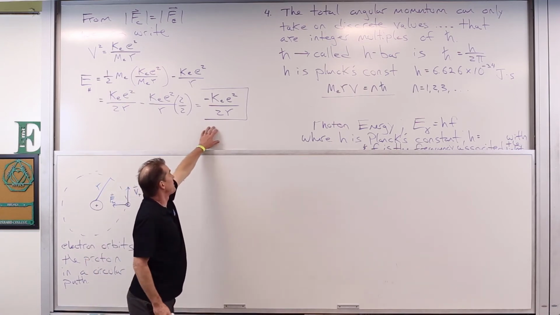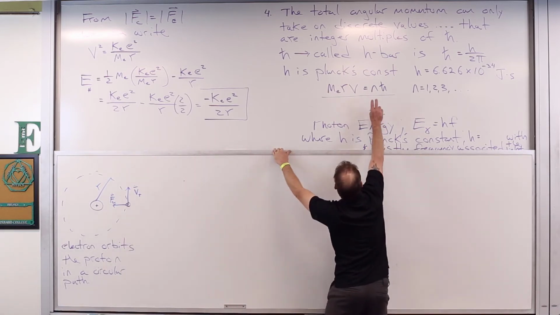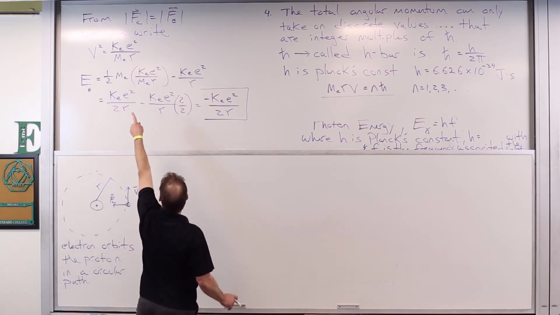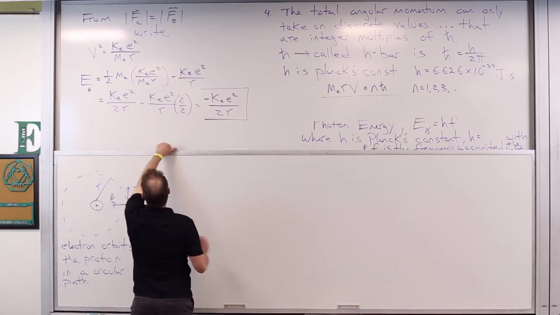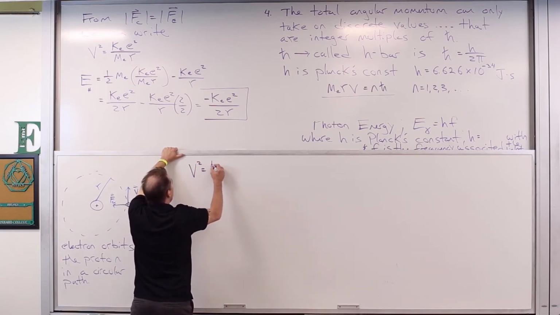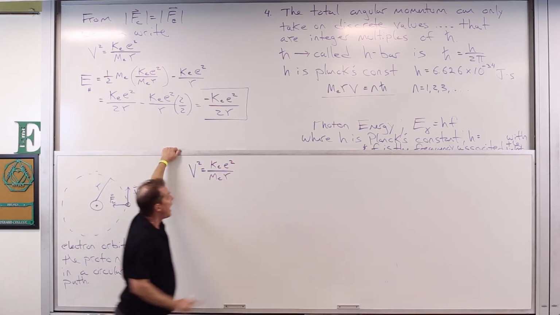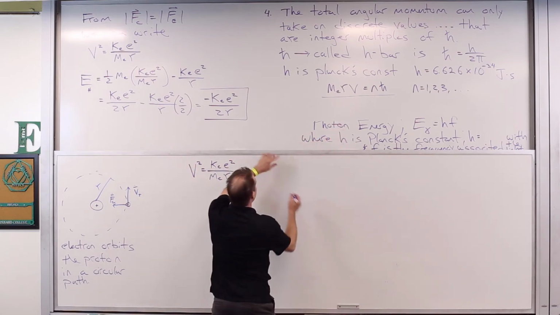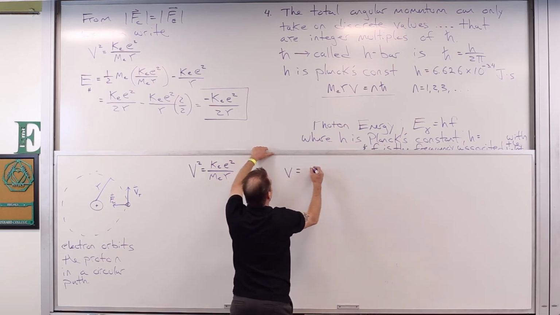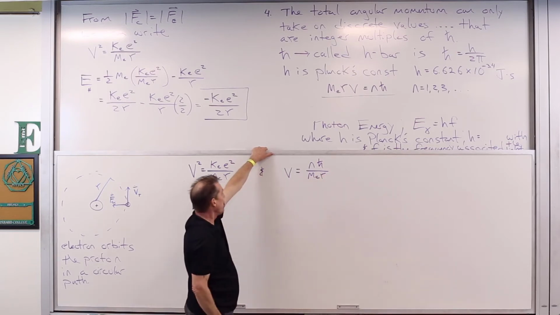We want to express this in terms of energy levels that are ultimately correlated with n here, and we've got that v in there. So we already note that v squared from up there has to be equal to k sub e e squared over m sub e r. I'll write that again. v squared is equal to k sub e e squared over m sub e times r. And then we can do something with this over here. From this expression right here, we can write that v is equal to n h bar divided by m sub e times r.